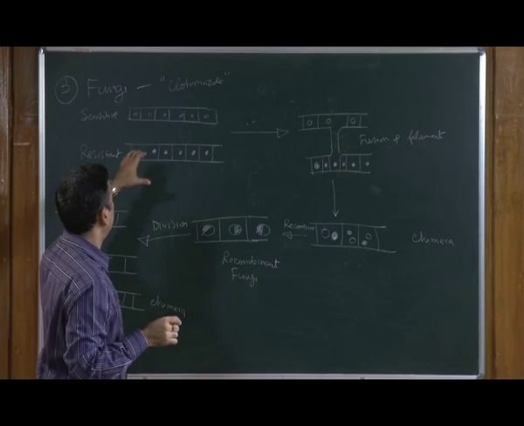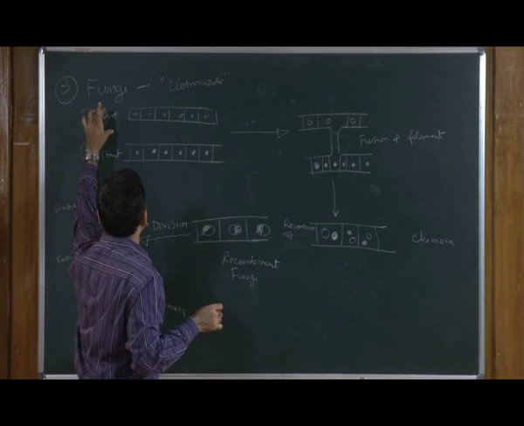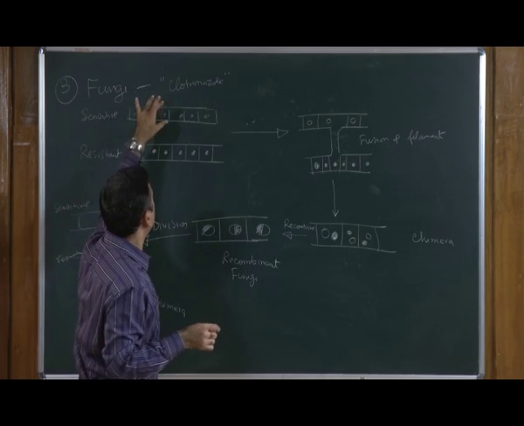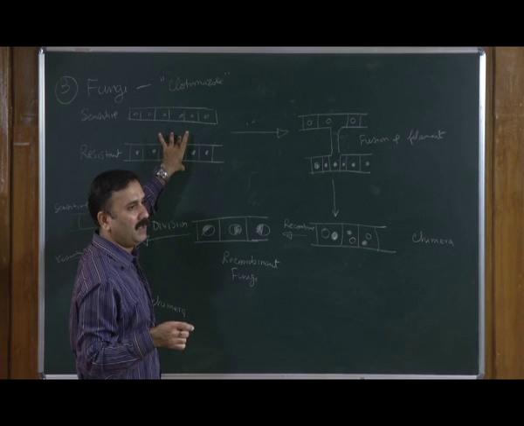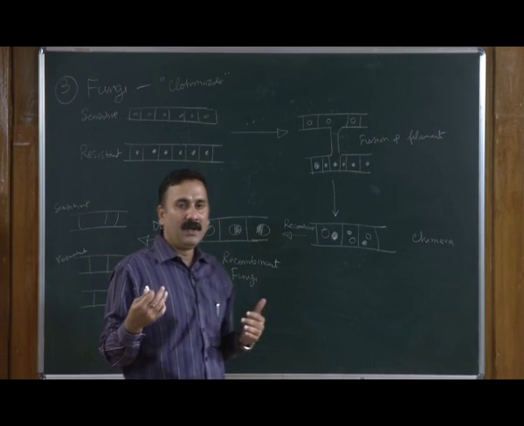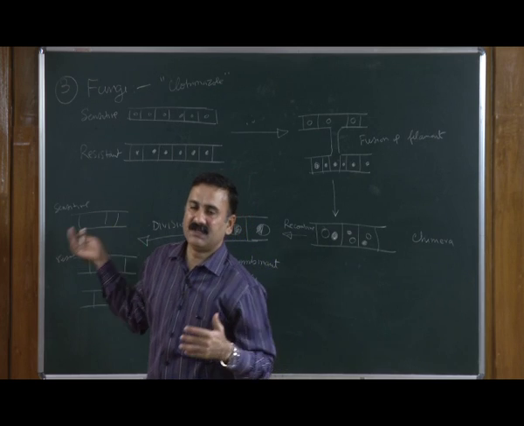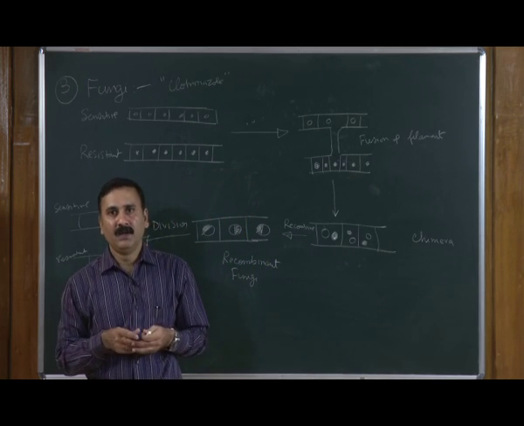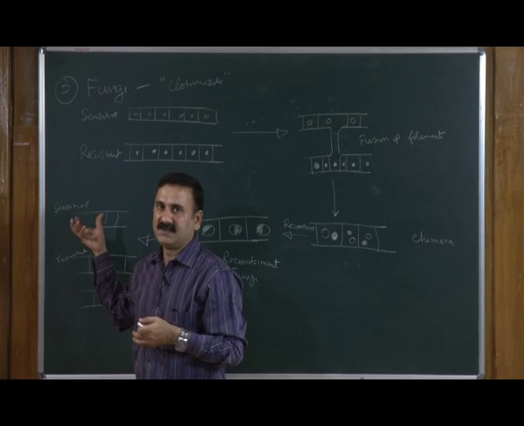Now, this is a very classical example where this strain is reproducing in an asexual manner, this also is reproducing in an asexual manner, but the sensitive strain wants to have a character which is present in the resistant strain. Okay.